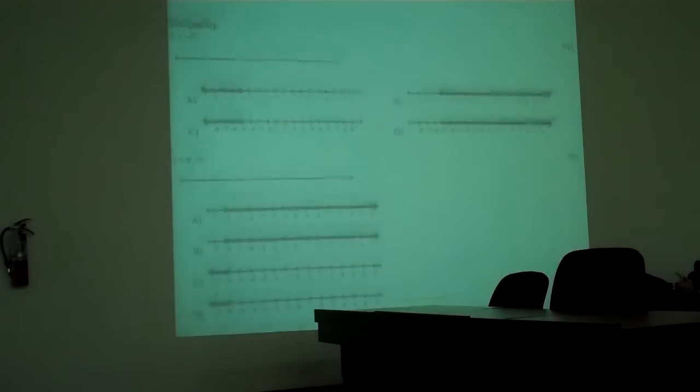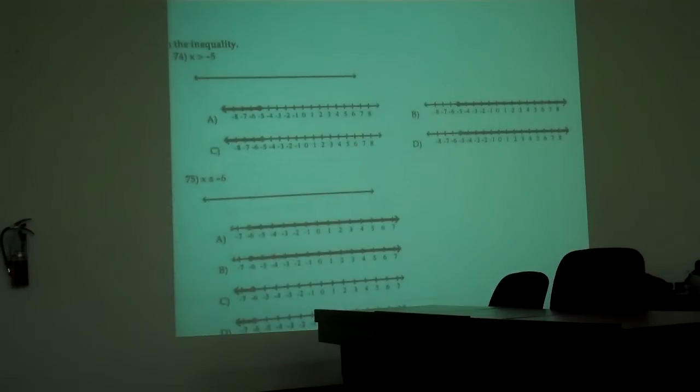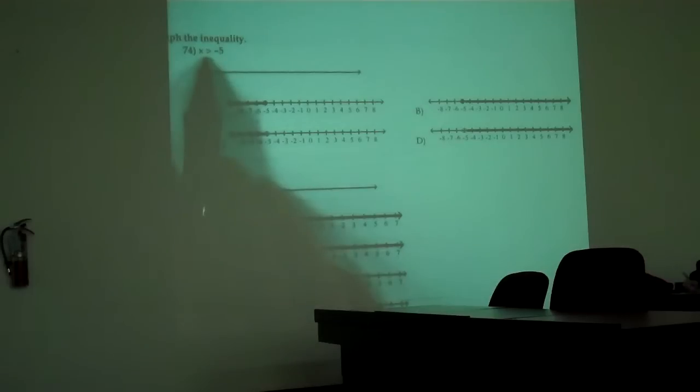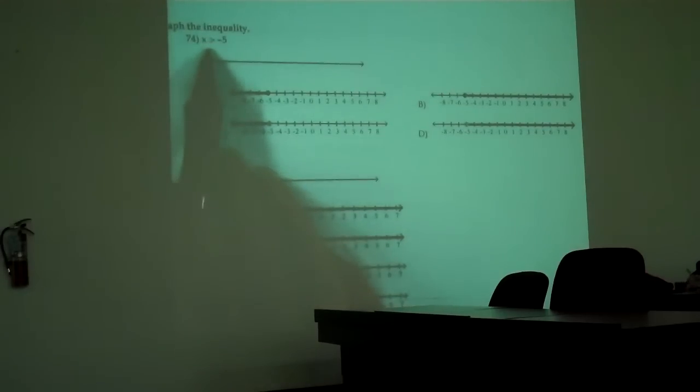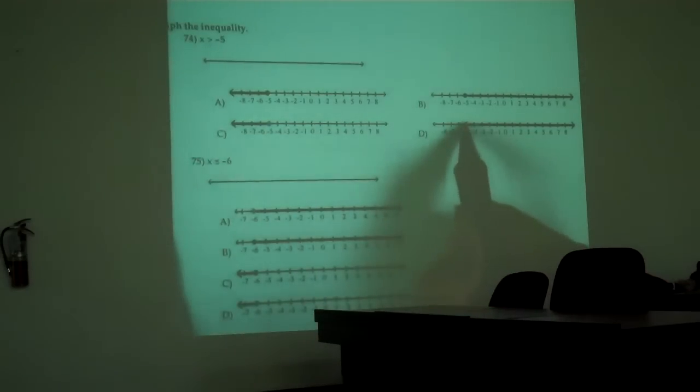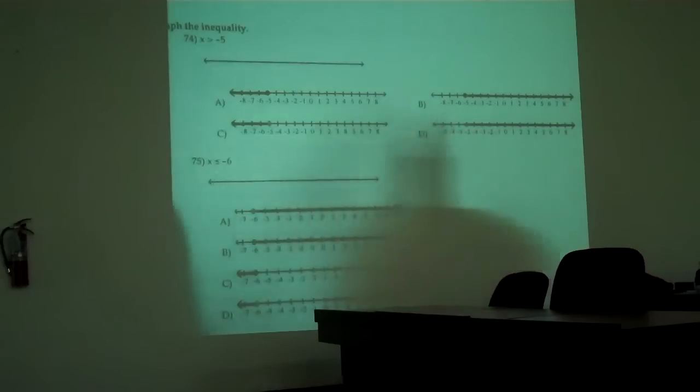Okay, how about if you had to graph this? Negative 5, and then it should go to the right. Should it be closed or open? There's no equal, so it should be open. Okay, so it should be not including negative 5, but everything greater.